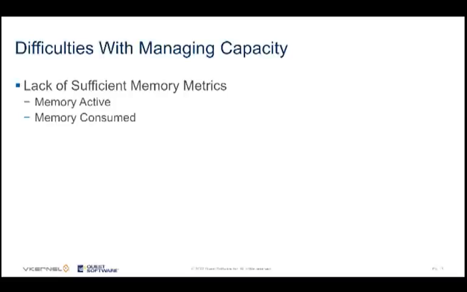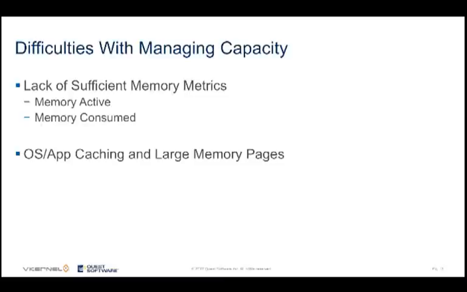capacity. The other part of this, memory consumed, is measuring the amount of physical memory that has been mapped to virtual machines, hosts, and so forth. Oftentimes this is a more accurate metric, but even then it's not a perfect metric. And here's why. You have a SQL server that has 8 gigabytes of memory allocated to it.